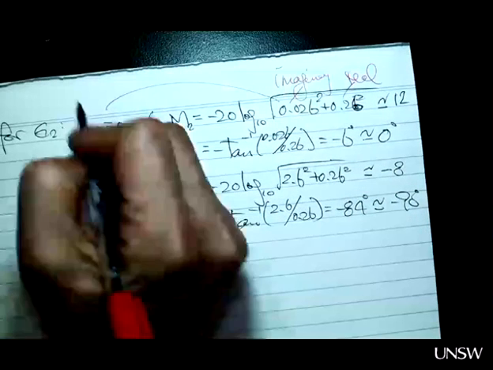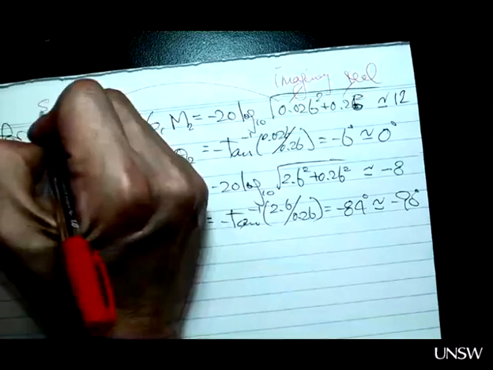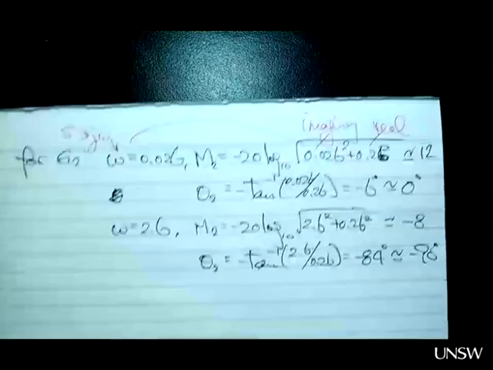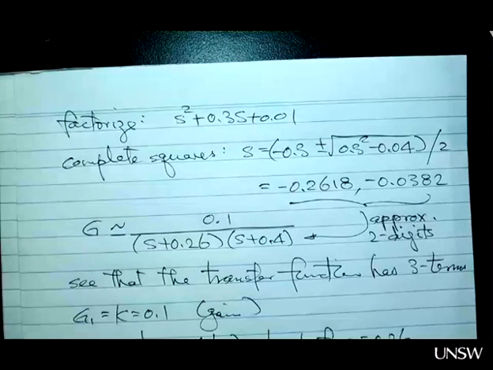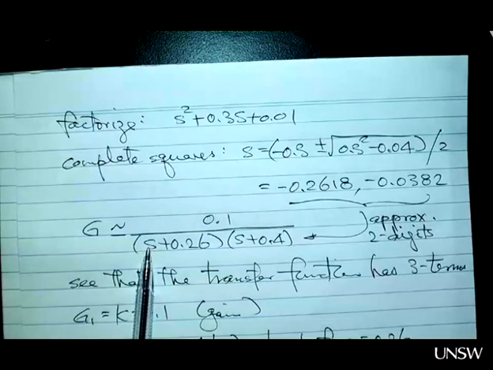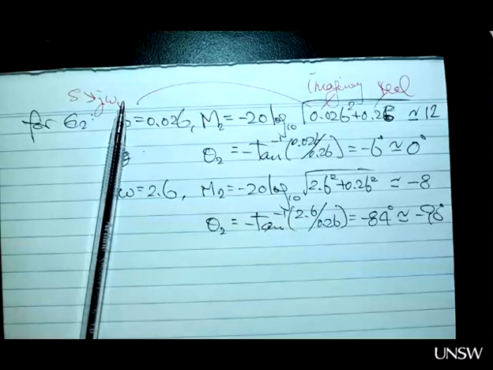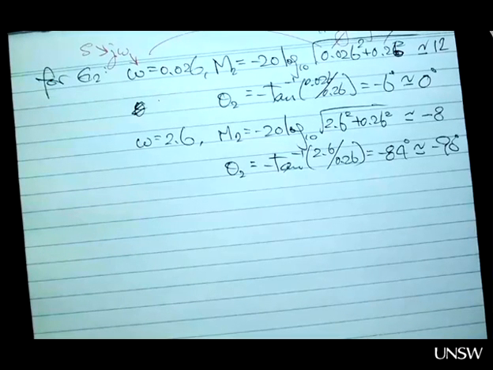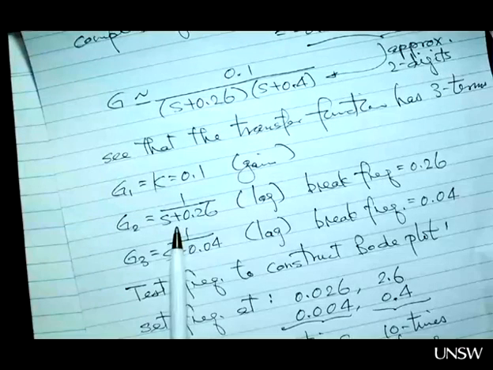Why is that imaginary? We have S going to J omega and then goes to this omega. So originally it is S here, and then we put it to J omega. So it is the imaginary part. And the negative arctangent is because this factor is on the denominator.